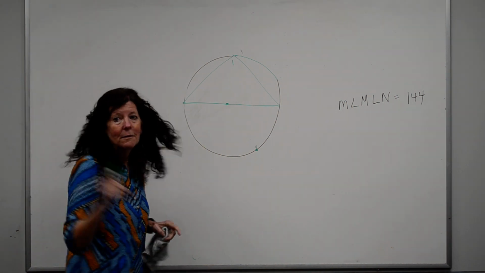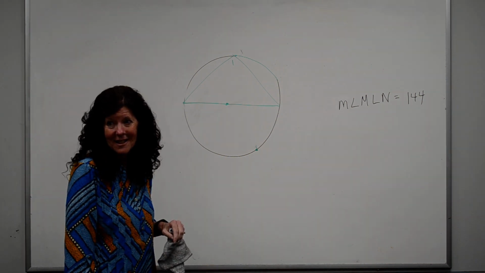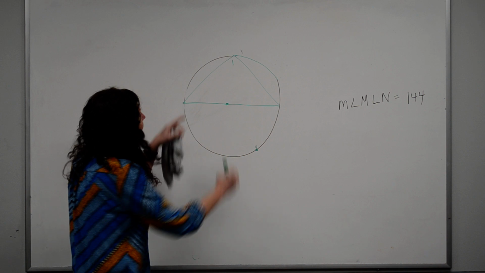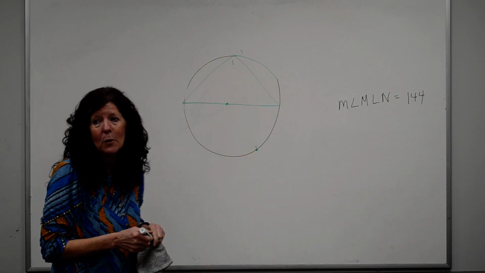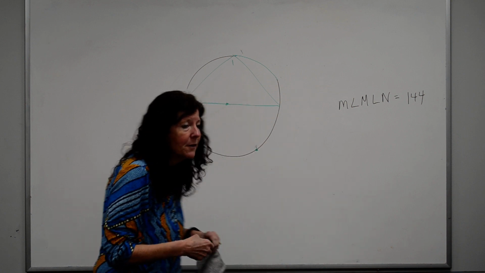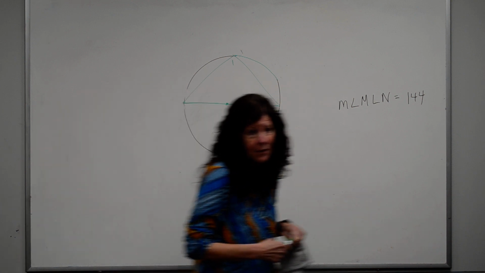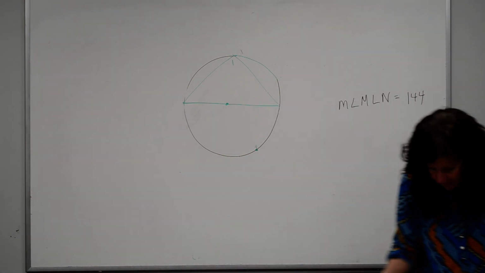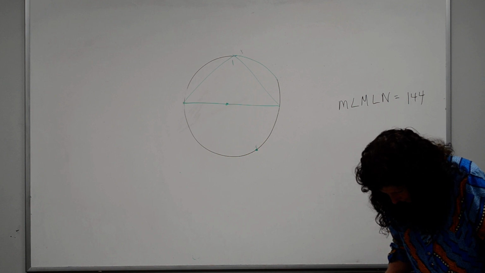Half of 180, which is 90. If I have an angle that inscribes a semicircle, I've got a right angle, every single time. It inscribes 180 degrees, so I just take half of it. That shouldn't be too difficult.